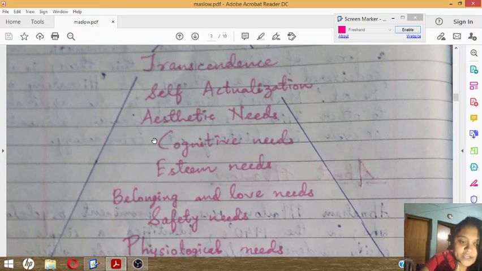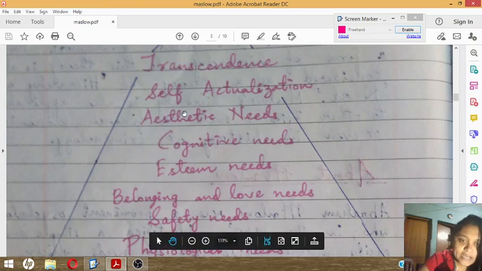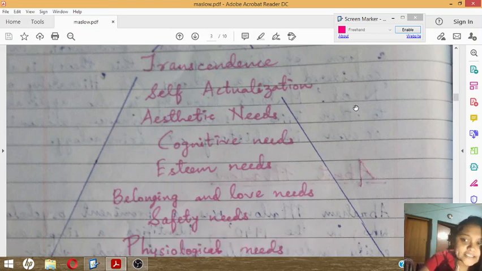P is for physiological needs, S for safety needs, B for belonging and love needs, E for esteem needs, and then cast. By this mnemonic you can remember the whole hierarchy of needs theory. I hope this is clear to you now, and it is an easy theory to remember with the mnemonic trick.